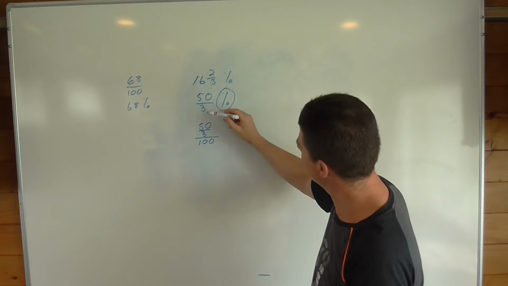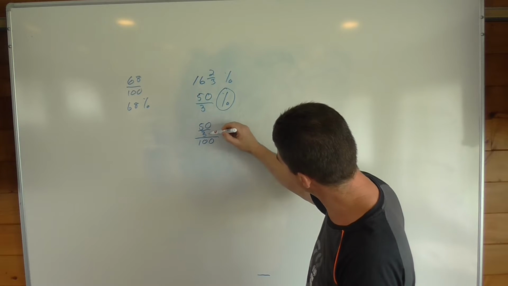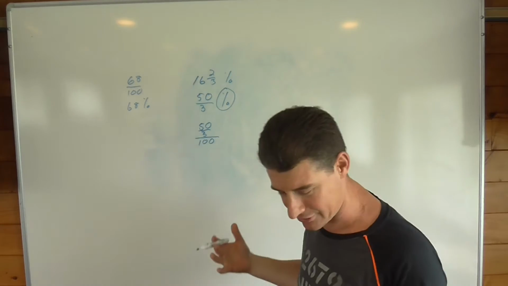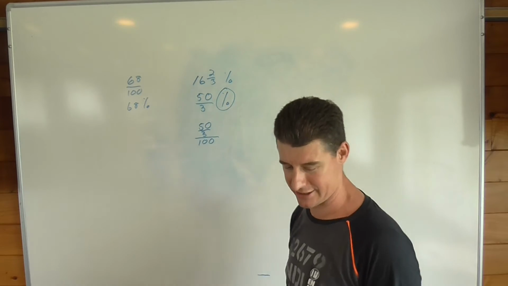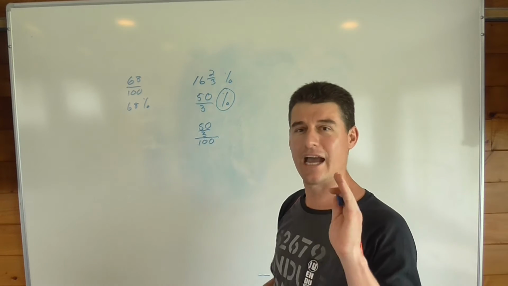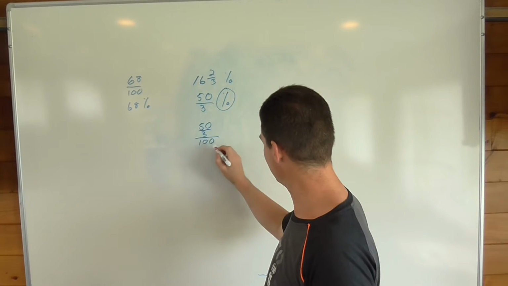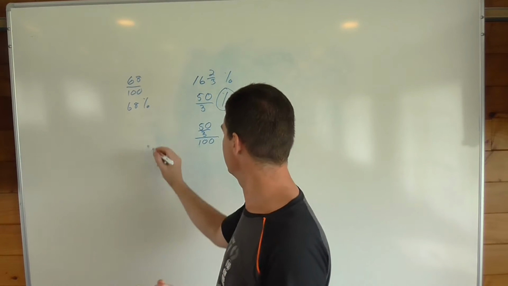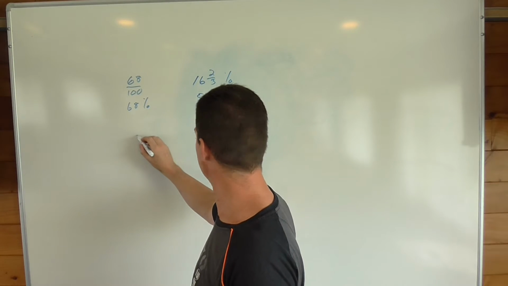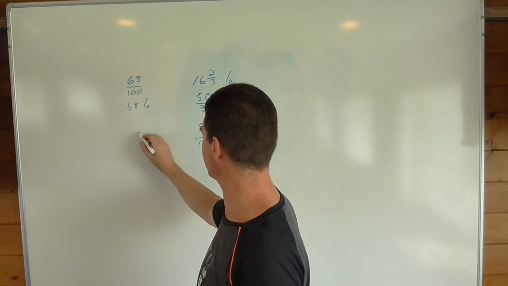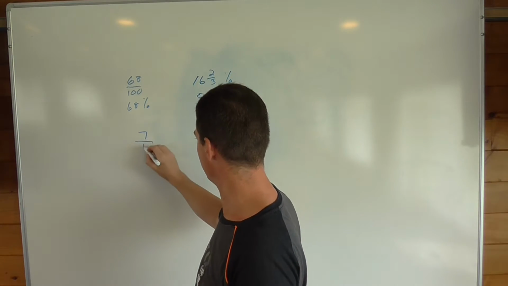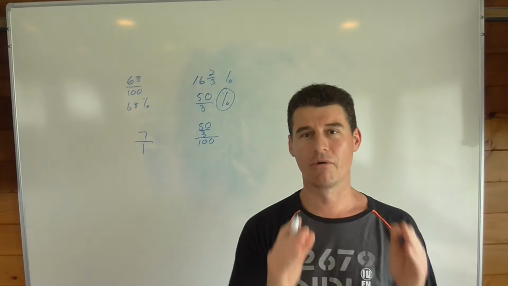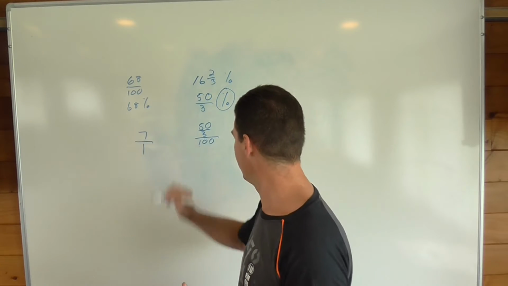So now we've got 50 over 3 out of 100, or divided by 100, depending on how you want to look at it. Remember, a whole number can be written as, let's say, 7 over 1. That's actually just 7, but you can write it as 7 over 1.